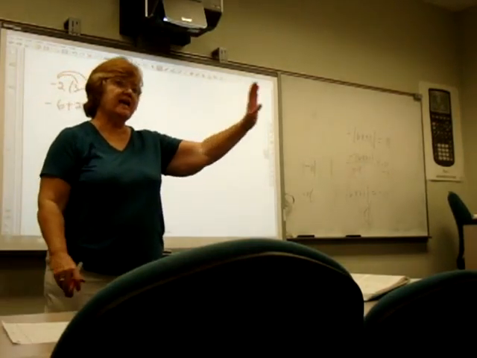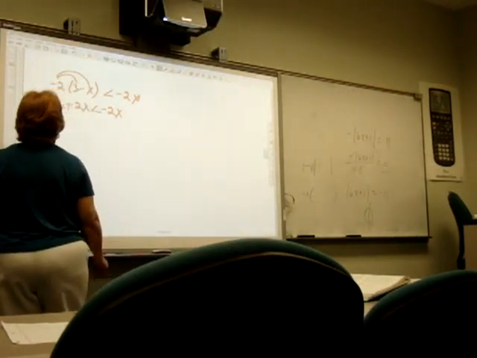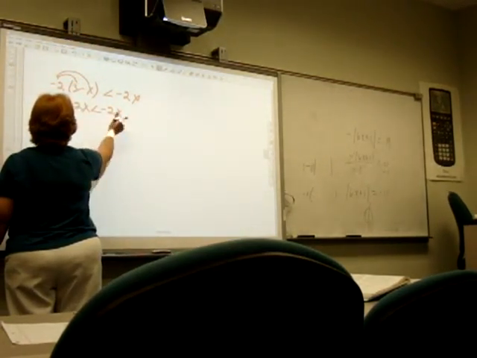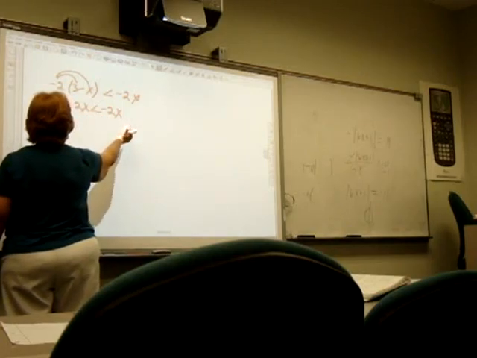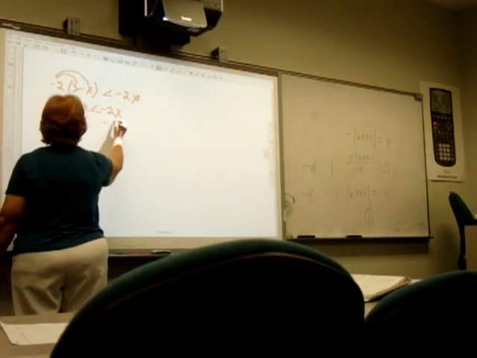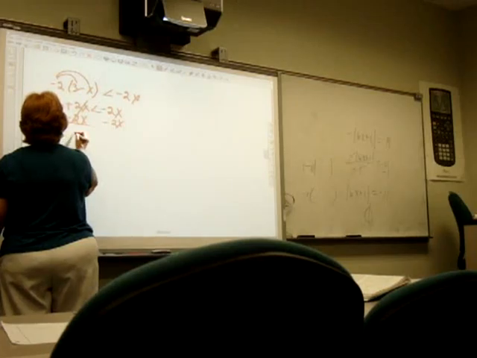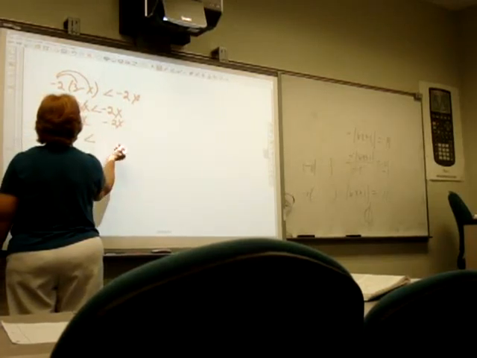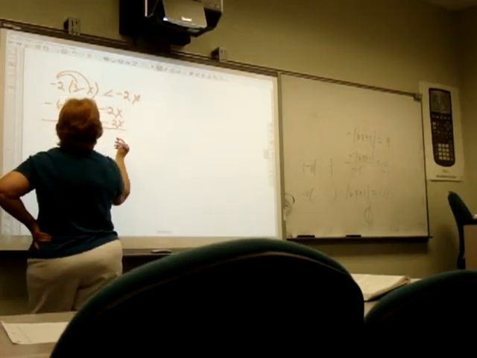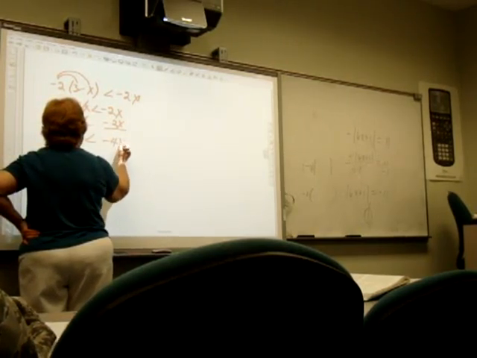Get all the x's together on one side and everything else to the other. Well, since I've got just a 2x over here, I'm going to take that one over there with it. It's added, so I do the opposite. This is going to leave me with -6 less than, what am I going to have over here? A -4x. Remember, we're adding.